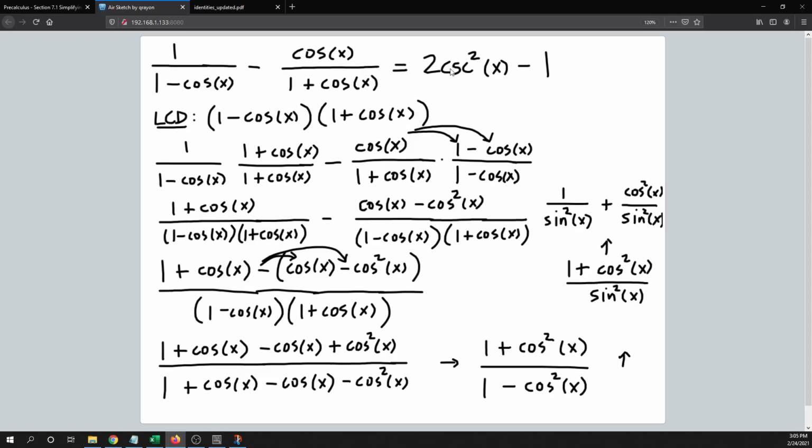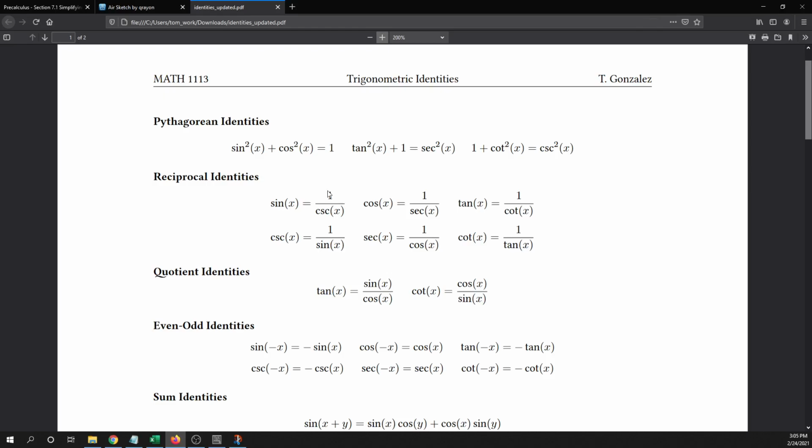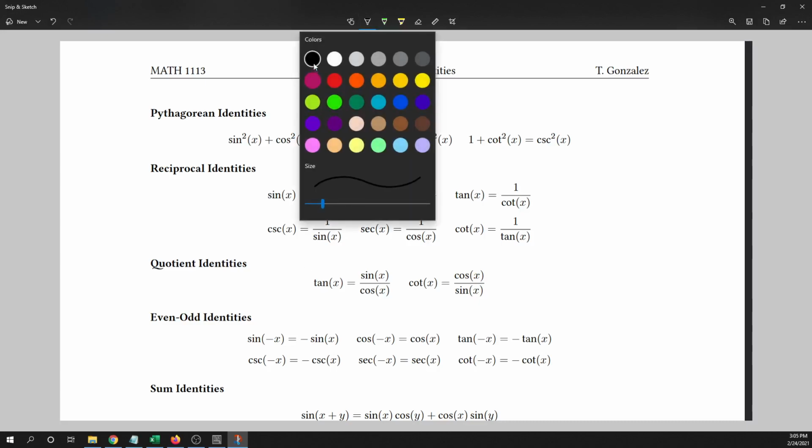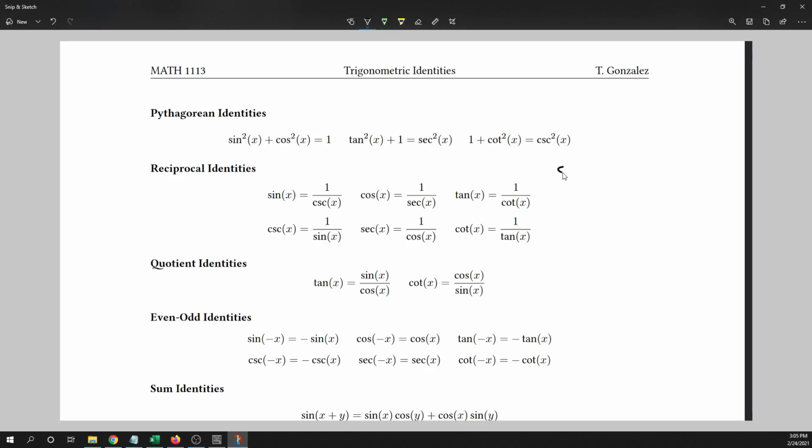Well, we want cosecant, and we know that 1 over sine is equal to the cosecant by this identity here. So using this cosecant, if we square both sides of this, in other words, this is an identity, so we'll get the same value on either side when we plug a specific value in for x.